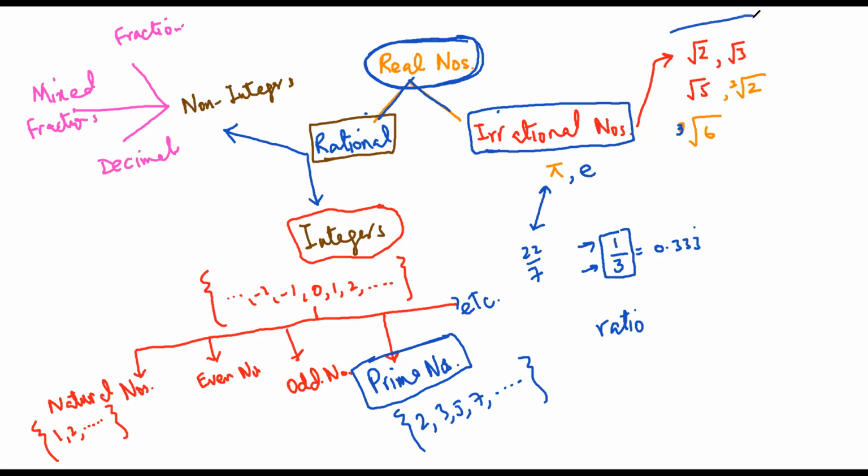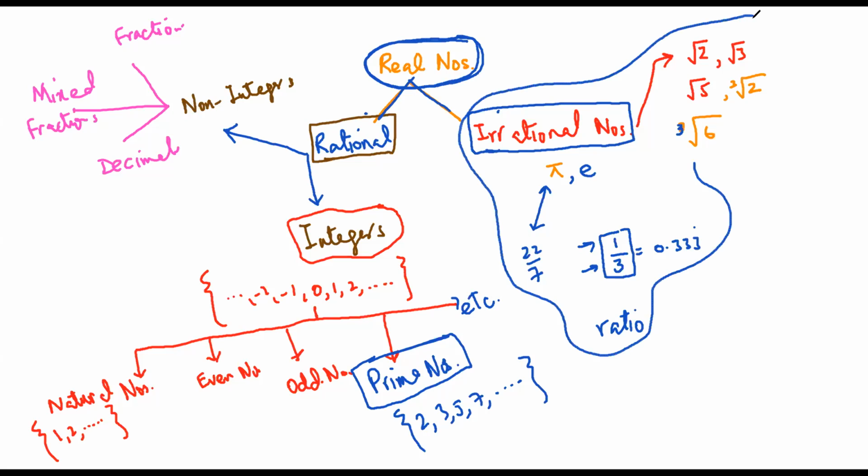You might get a question of 1 mark regarding this. Irrational numbers are mainly numbers which do not have an exact value. We can't write them as a ratio of two integers, and we can't show such a number on a number line. That is why this is an irrational number.